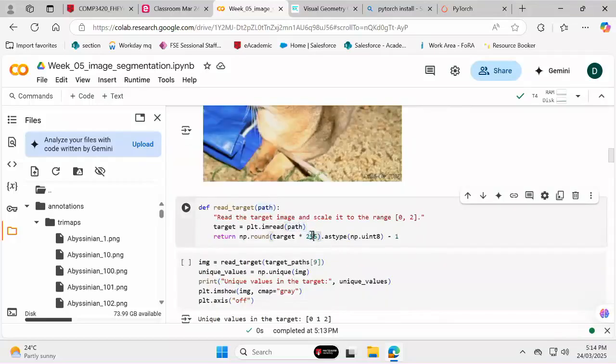I had to try several times until this one actually worked. So multiply times 255, and then subtract 1, and then you get values 0, 1, and 2.